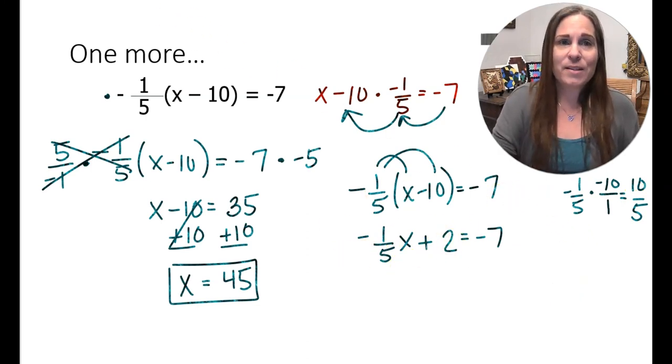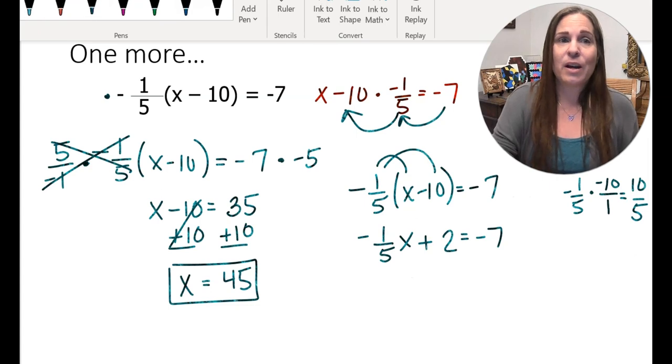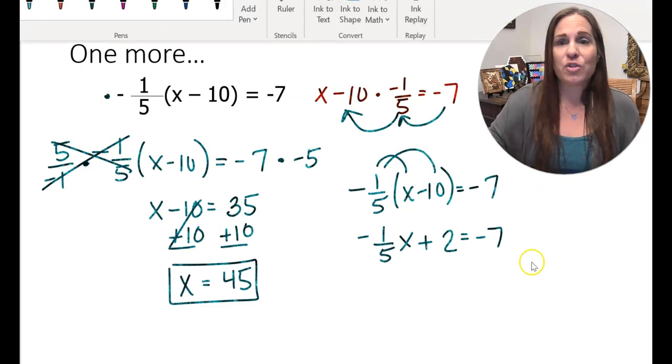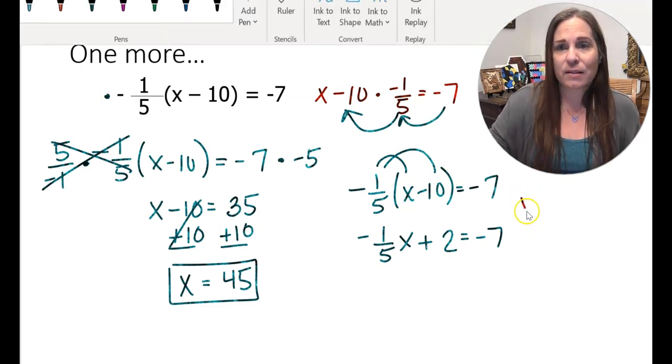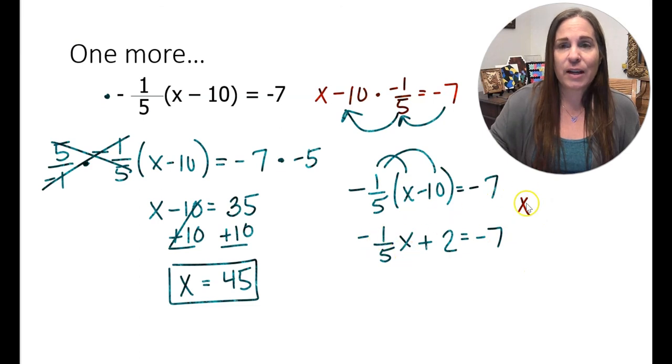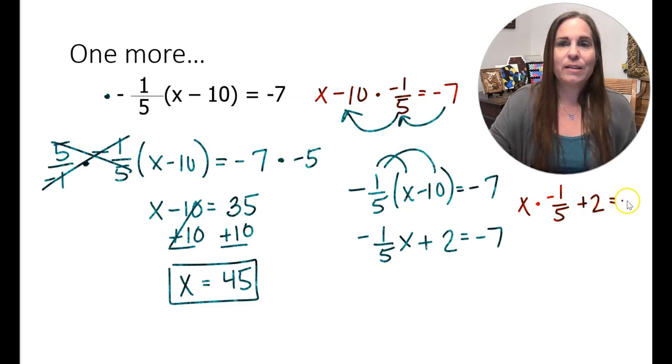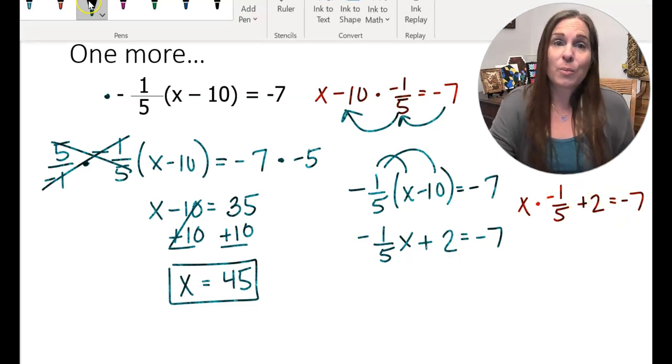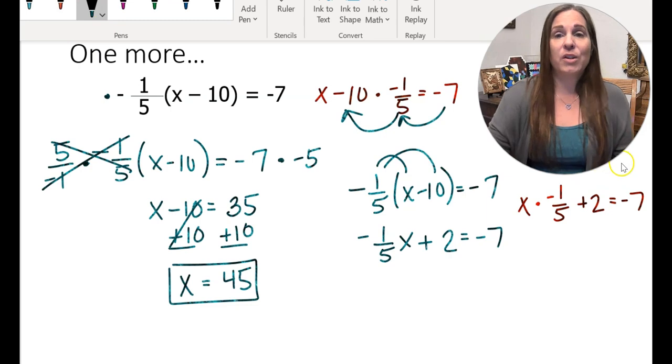So from this step, this is where I would start to write out my order of operations, right? So if I start with this x, the first thing that happens is it gets multiplied by -1/5, and then we add 2 to it, right? That's the order of operations that's happening here with the x. So just like before, we've got to undo.